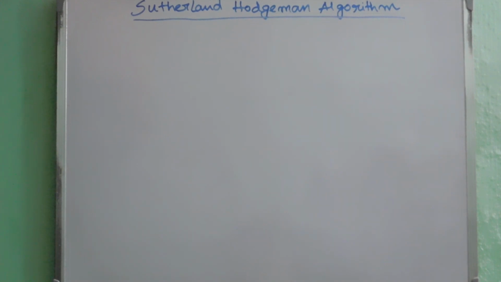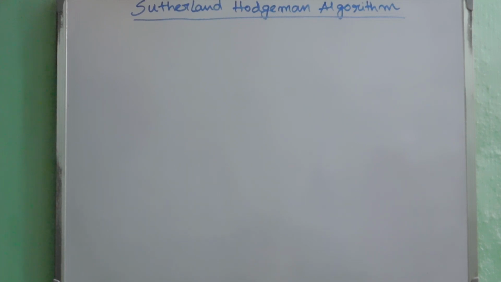Hello everyone. In this video I will be discussing a polygon clipping algorithm, that is the Sutherland-Hodgman algorithm. Now in my previous two videos I have dealt with line clipping, but in this video I will be dealing with polygon clipping.